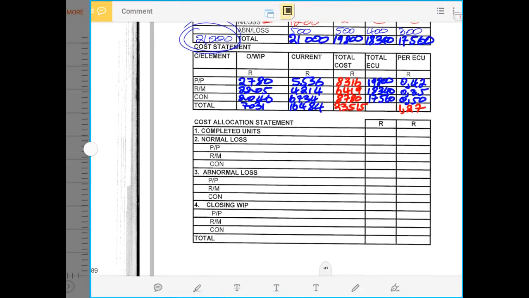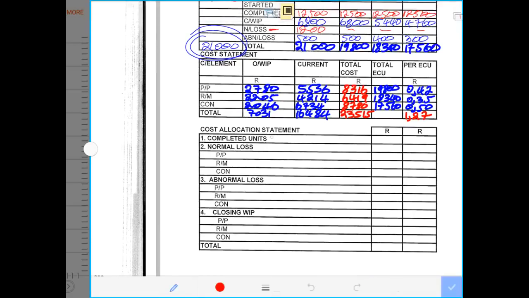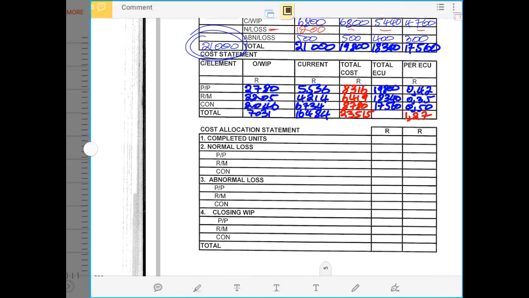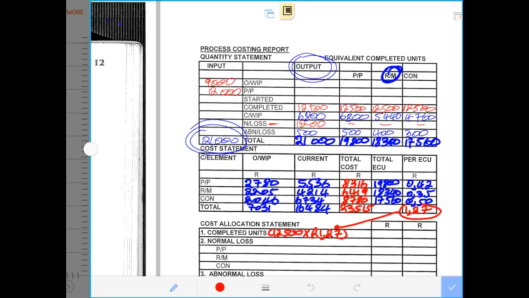Then after we do our cost statement, where we start with the completed units, and the completed units were 12,500, and we times that by the cost per unit, 1 rand 27, which is always 1 rand 27. And remember the completed units, here are the completed units, 12,500.